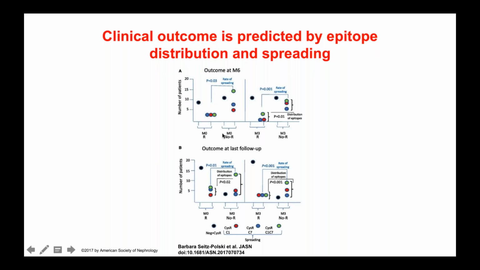And here are patients who did not develop remission, much higher likelihood of epitope spreading. Okay, so this is at month 0, and the same phenomenon at month 3 when they looked at the antibodies. And here they looked at outcome, this was the outcome at month 6, and this was the outcome at last follow-up. More or less similar type of result, even more impressive in terms of patients who did not have epitope spreading were much more likely to enter remission.